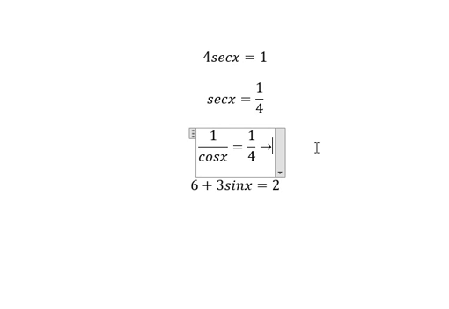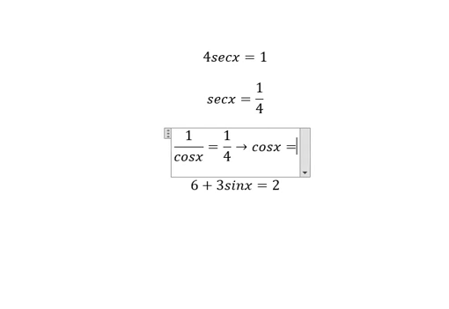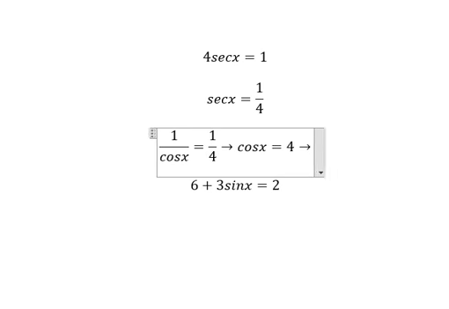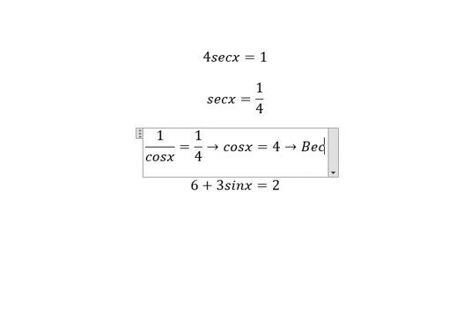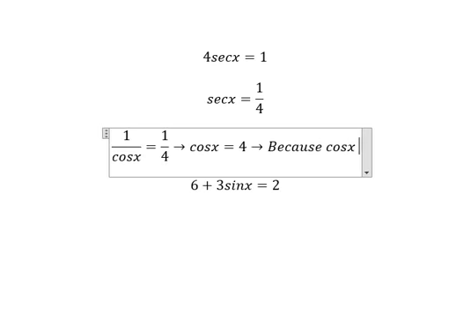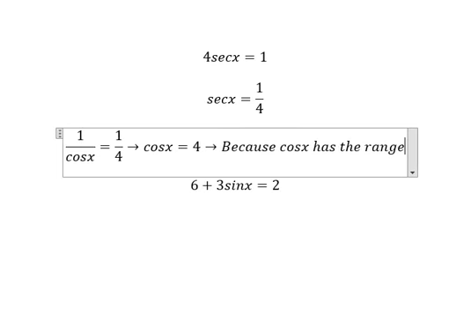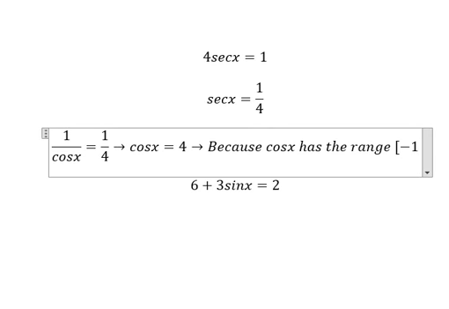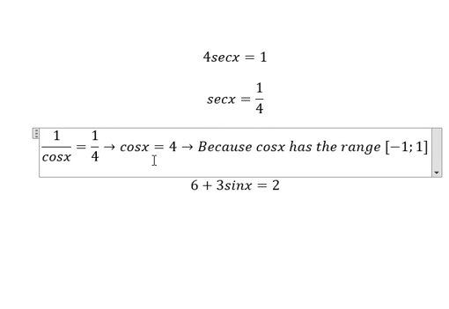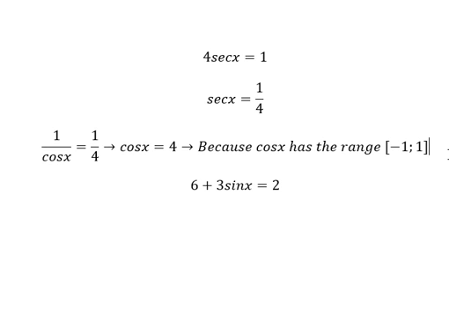So this one we got cos x equal to 4. Because cosine x has the range from negative 1 to positive 1, but 4 is outside the range in here. That means there is no solution.